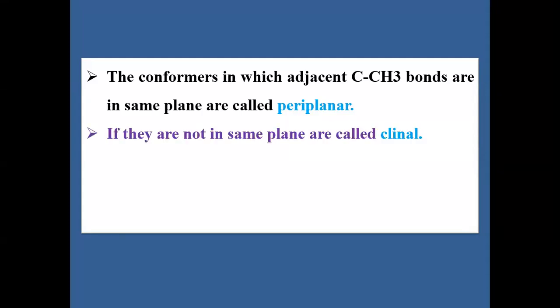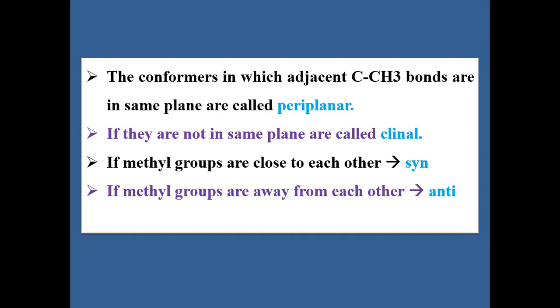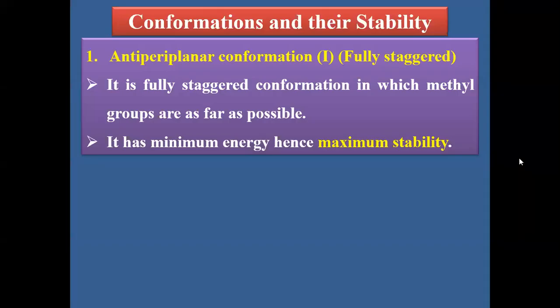Now if they are not in the same plane, then they are called clinal. If methyl groups are close to each other, it is called syn. And if methyl groups are away from each other, it is called anti. So students, this is the meaning of periplanar, clinal, syn and anti. Let's study their stability one by one.